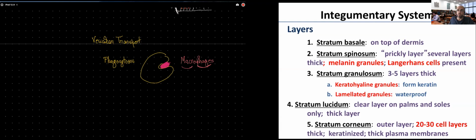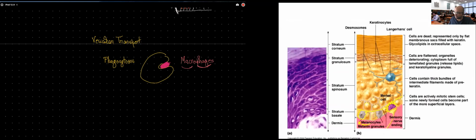So again, those are dead cells. What's remaining of those cells are just the plasma membranes that have been keratinized. And keratinization of plasma membranes means I'm adding protein to those cell membranes, which will make them look like fibers and will make this thick fibrous layer on top of the skin for extra protection, as you remember.